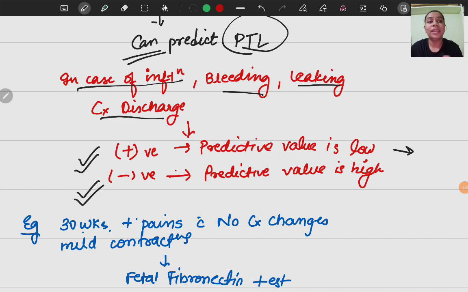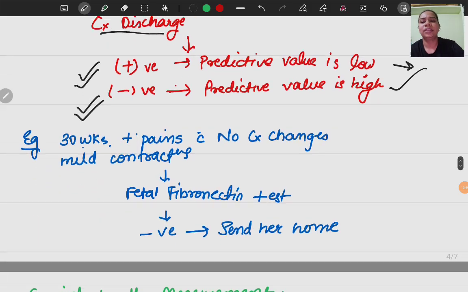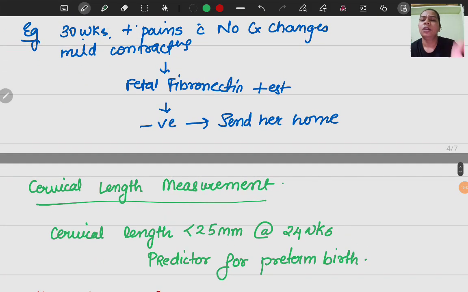But how we can use it is, if the test is negative, then the predictive value is very high. So for example, a 30 weeks pregnant mother comes with pains with no cervical changes and mild contractions.